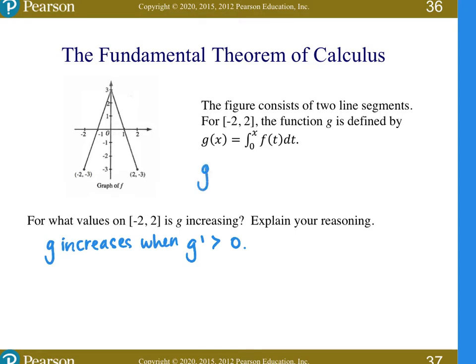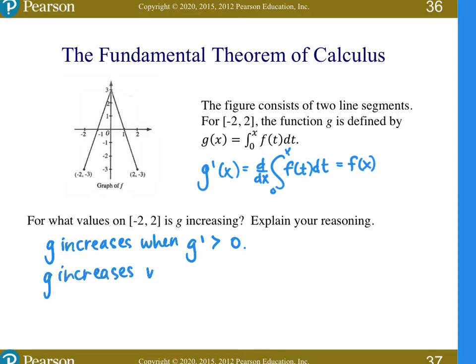Well, remember we defined on the other page that G prime is the d dx negating that, and that turned out to be f of x. So G increases when f of x is greater than 0.